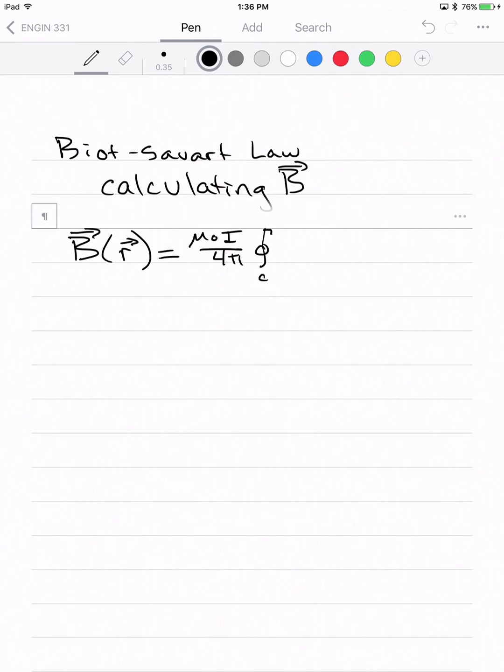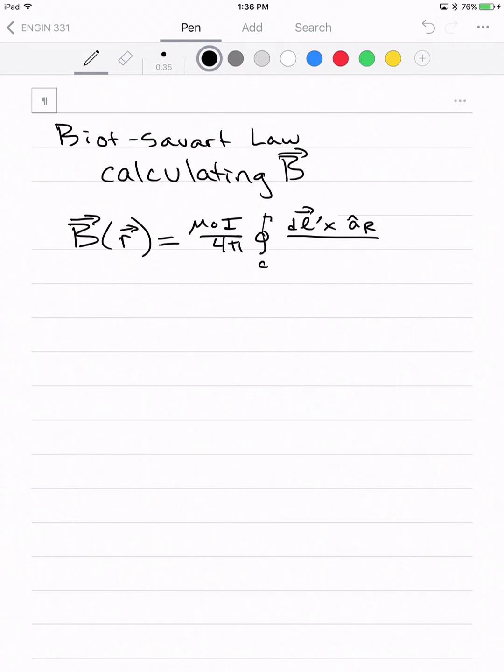At DC, there's no way for current to flow because of charge conservation unless the circuit is closed. Of dl cross a hat r, that's the unit vector in the direction from the observation point to a location on the current, divided by big R squared.